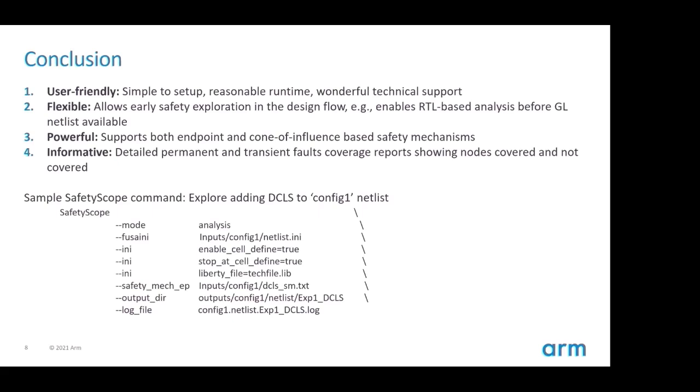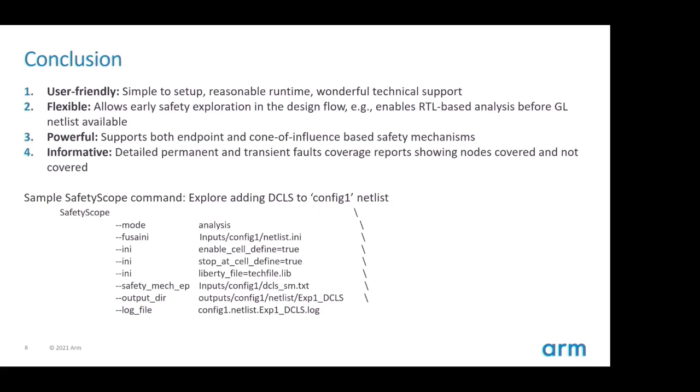So depending on the design phase you're in, the tool can allow you very early safety exploration, for example, using RTL before netlist becomes available, and then do that again later when netlist is available. So you can do the RTL-based analysis against the netlist-based analysis in the same phase of design, and then do the same thing at different phases of your design flow.